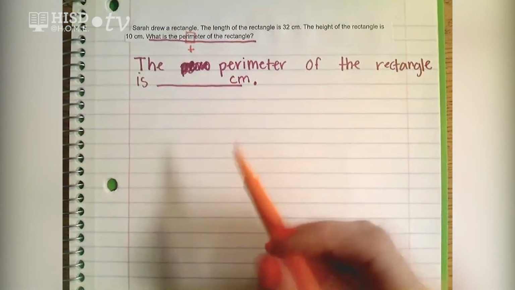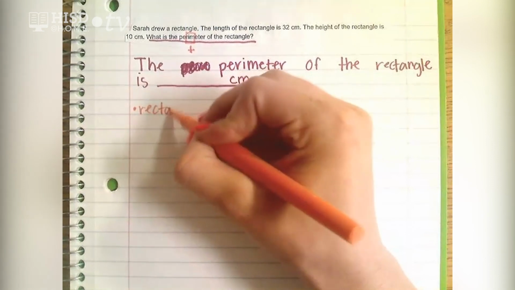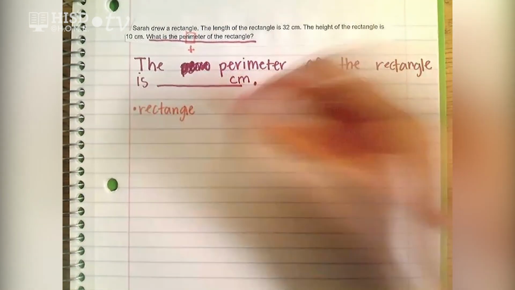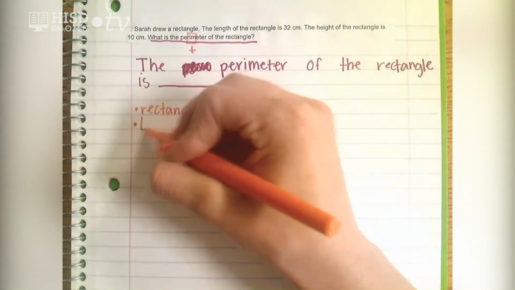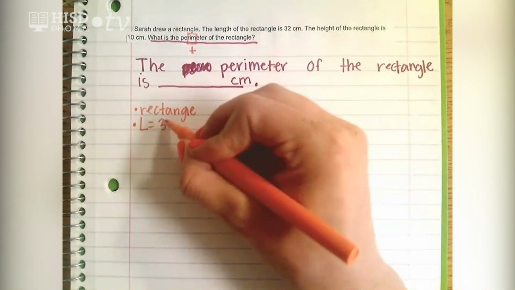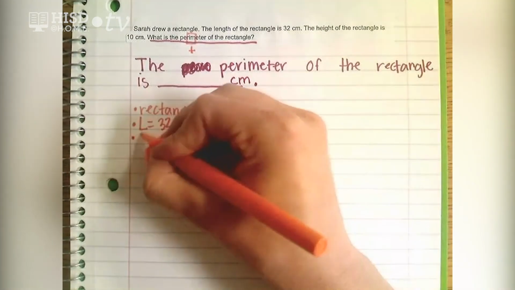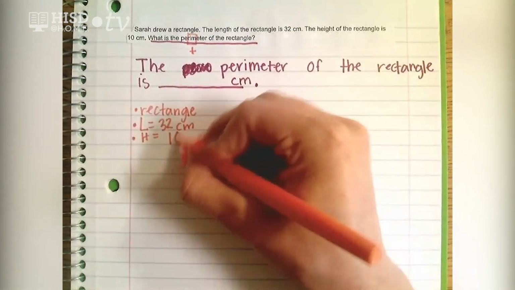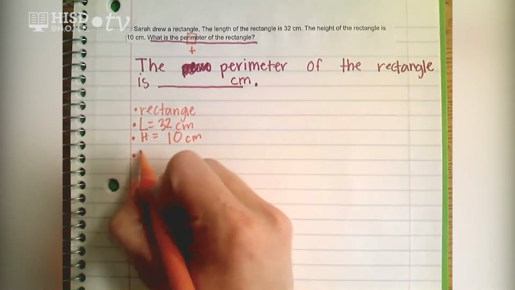So it says Sarah drew a rectangle, so we're going to have a rectangle. The length, I'll write L equals 32 centimeters. The height, I'll do H, is 10 centimeters. We're looking for the perimeter.